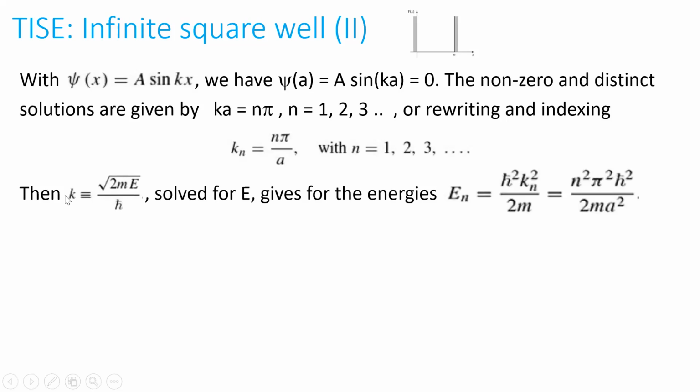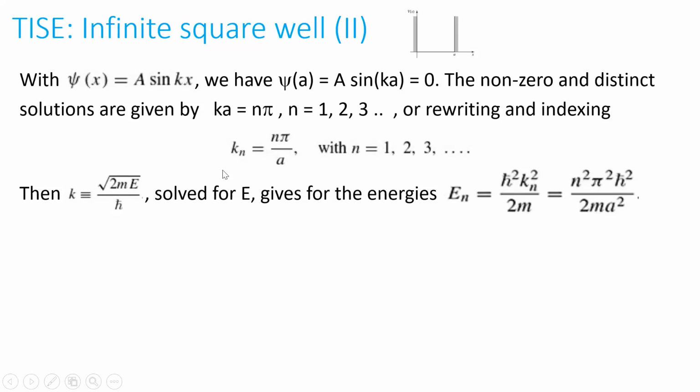So since k was defined as square root of 2mE over h bar, if we solve that for E, we multiply by h bar, square it, divide by 2m, we get h bar squared k squared over 2m.